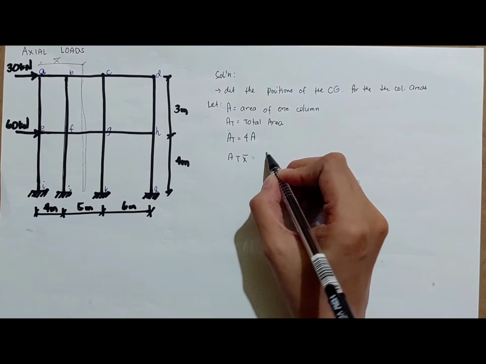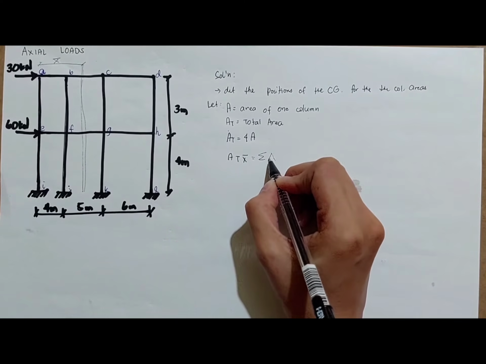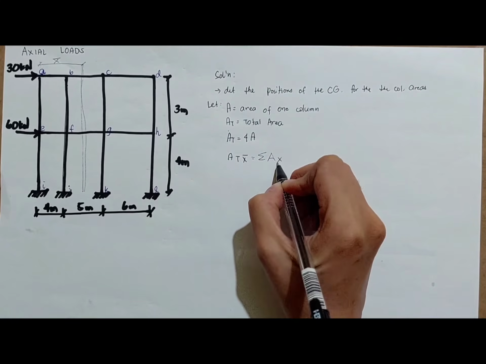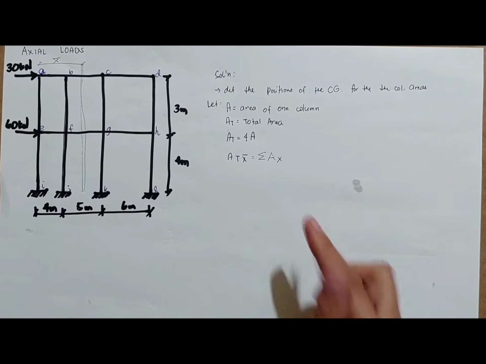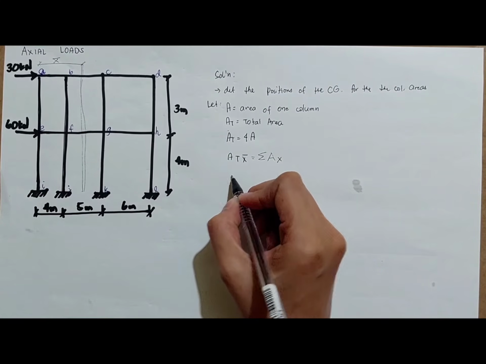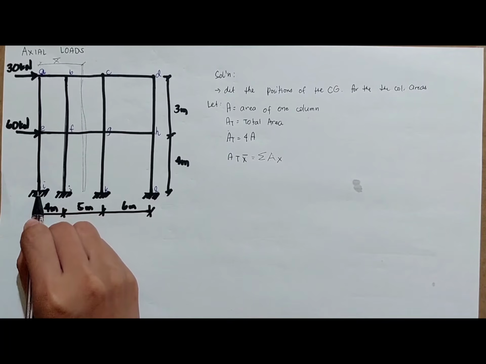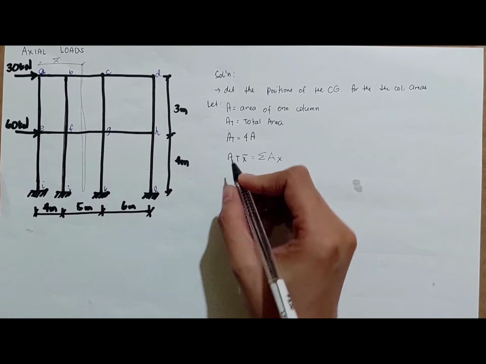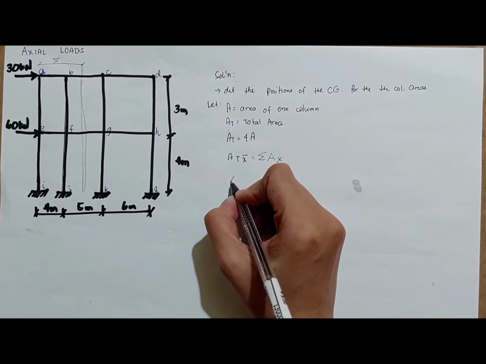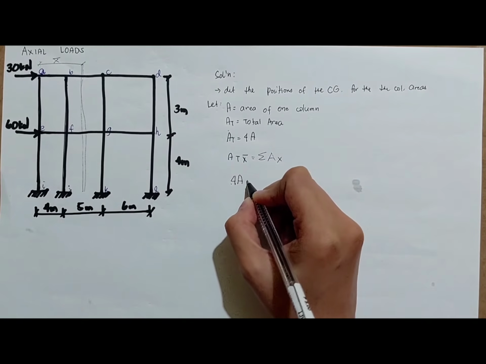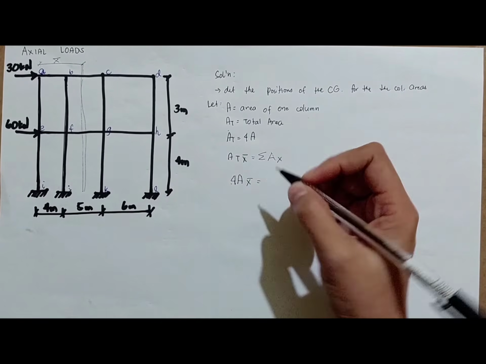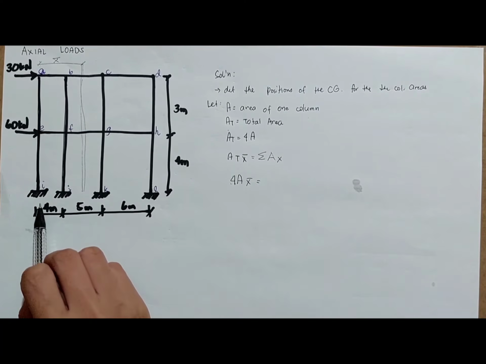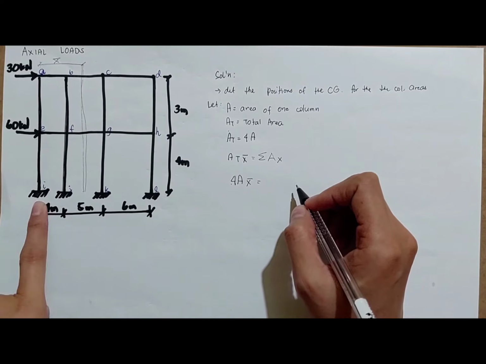So, is equal to summation of area multiplied by x. X distance yan ha. Dito tayo, ito ang reference natin. So, we have 4A x bar is equal to, ito reference natin, so ito wala tayong makuha dyan.